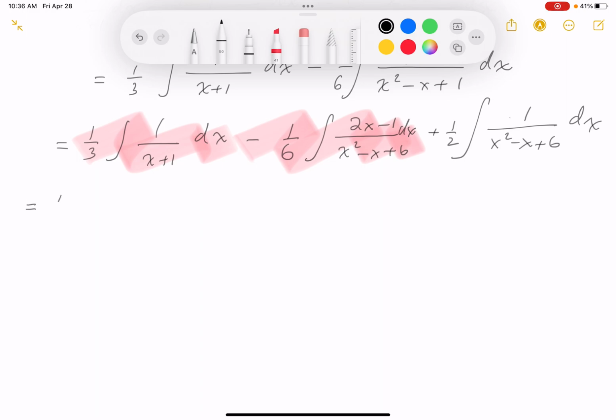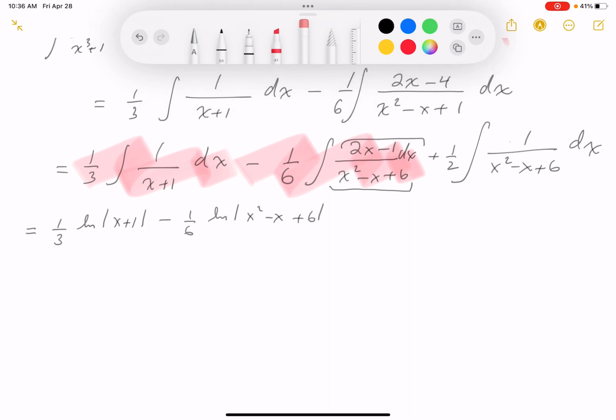So 1/3 natural log, absolute value, x plus 1, minus, let me repeat this, this is u, this is du. It's going to be minus 1/6 the natural log of x squared minus x plus 1. I said plus 6, it's plus 1. I just noticed that.